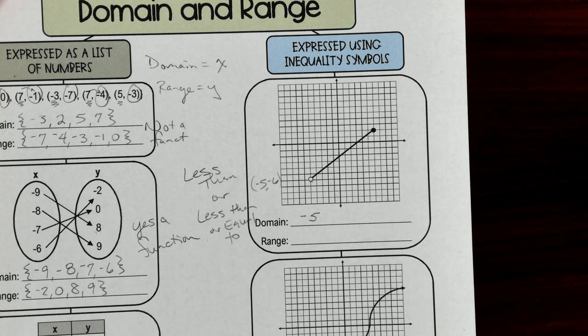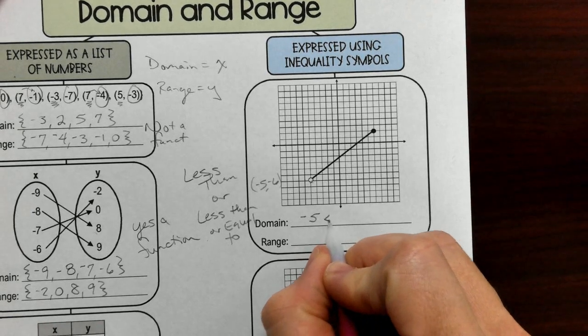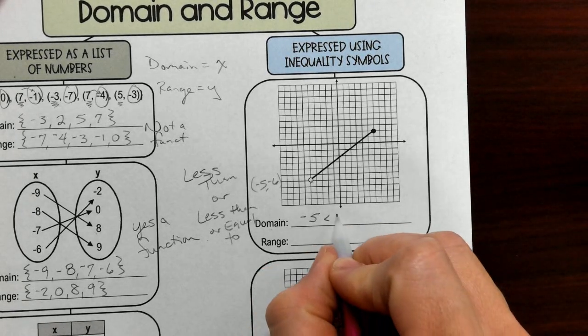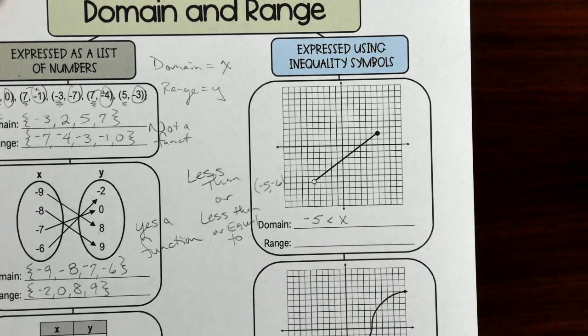So looking at the first one, at that -5, Dara, is that circle shaded in or not? No, it's not. So if it's not shaded in, what am I using? Less than. Awesome. So -5 is less than, and we're talking about the domain, so I need the x variable right there.